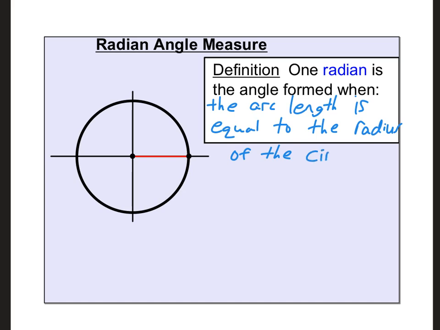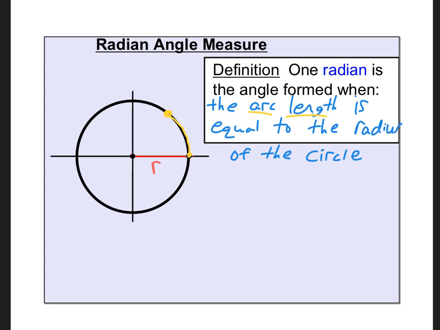Okay, so let me help you visualize this. Arc length is basically a section of a circle. So if I were to start here and start tracing, and stopped maybe about there roughly, I'm just estimating. Does that yellow curved piece, if we could straighten it out and measure it, equal or come close to the radius of the circle, from the center to the edge there?